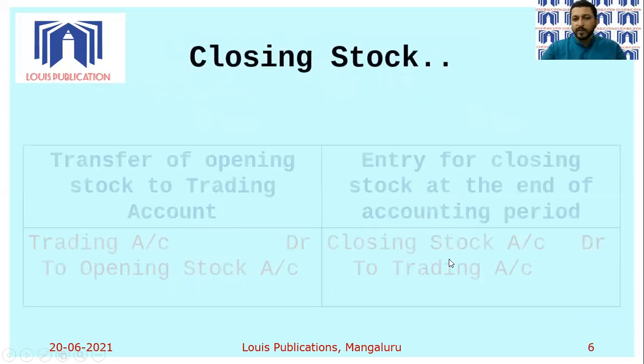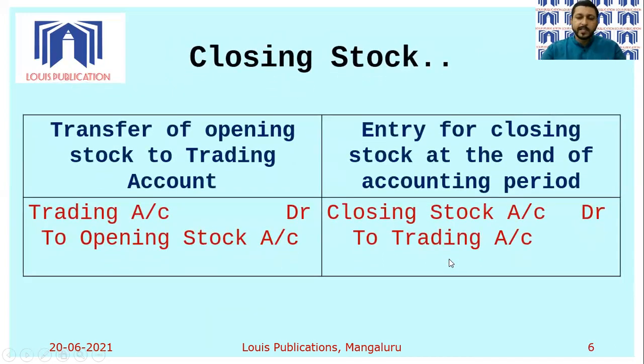Let's understand further. What are the entries that we pass in the books? Now there are two entries that you see on the screen. On the left side, this is more so a transfer entry. Last year's closing stock, which is this year's opening stock, is transferred to trading account. And the journal entry for transferring this year's opening stock will be trading account debited to opening stock account.